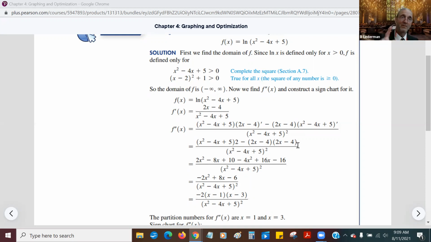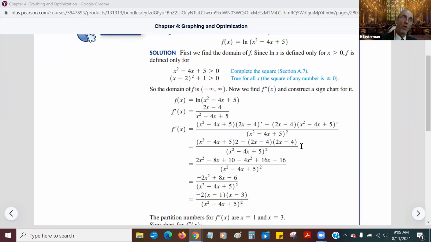However, here's the thing. Sometimes, such as this example right here, if I would have left it like this, then it would not be evident what the partition numbers are. You see what I'm saying?